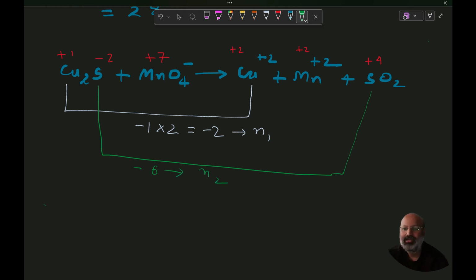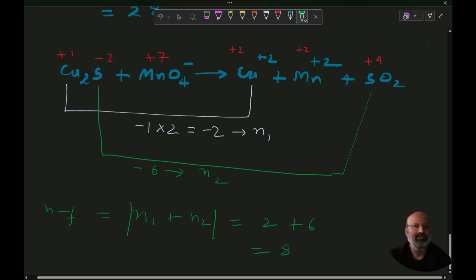So now the n factor here in this case is equal to N1 plus N2. And of course, it should be the modulus value. The negative sign has no meaning here. So 2 plus 6 is equal to 8.